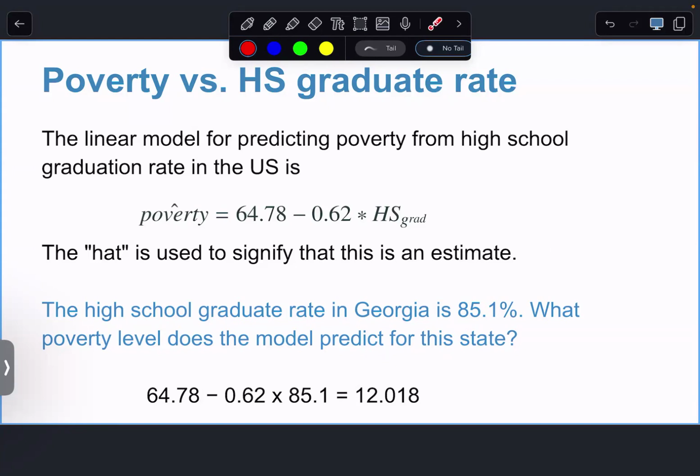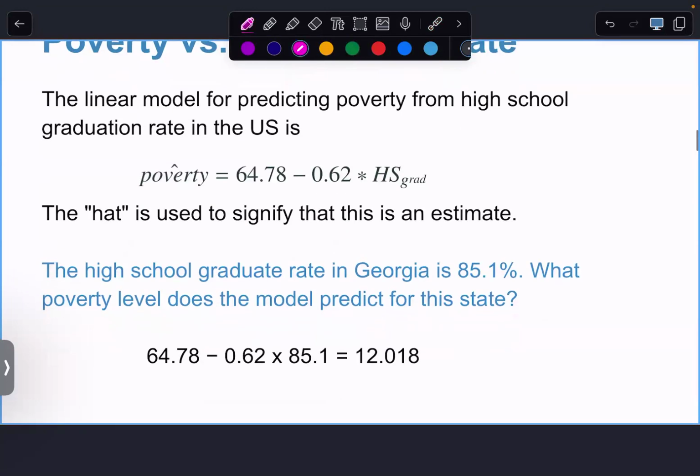So we've got this poverty, which is our y, and we've got this little hat on here. This is the same as a y hat, the predicted value of y.